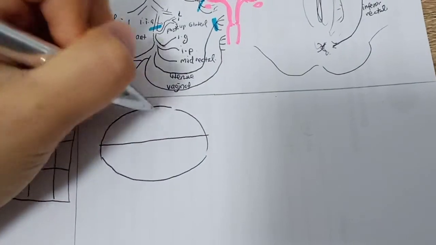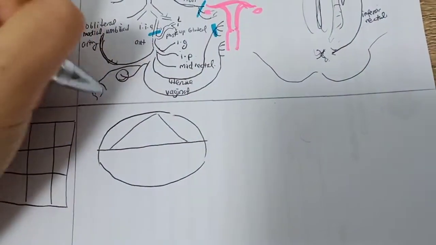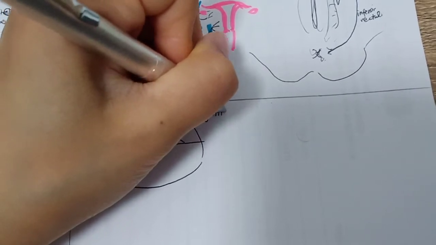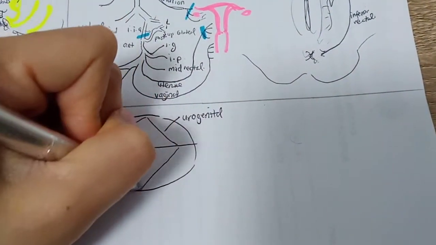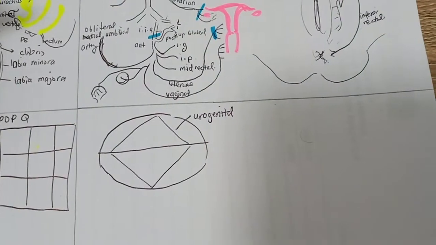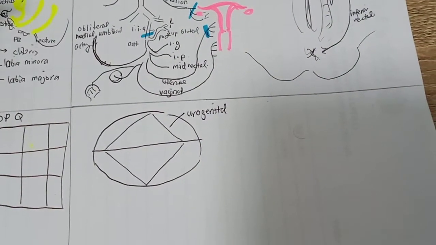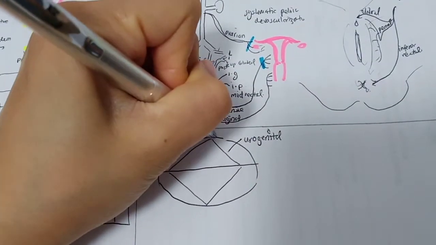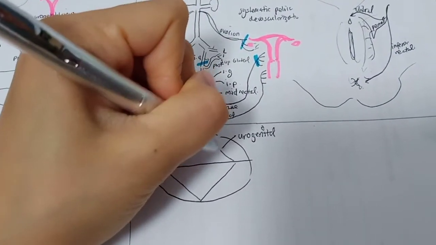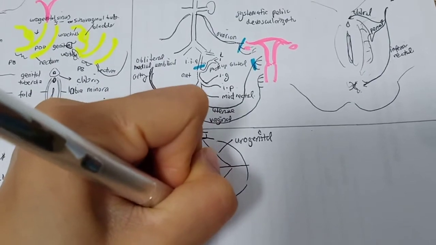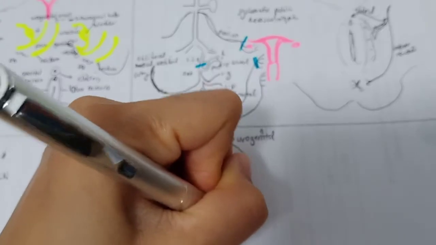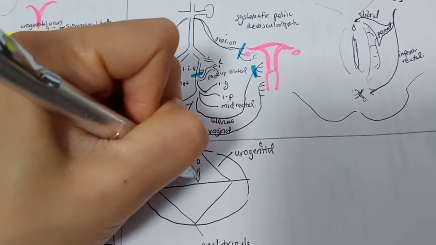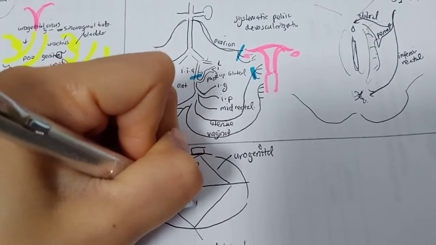So we have the urogenital triangle at the front, and we have the anal triangle. The urogenital triangle is basically composed of the urethra and the vaginal opening, and the anal triangle is composed of the anus.